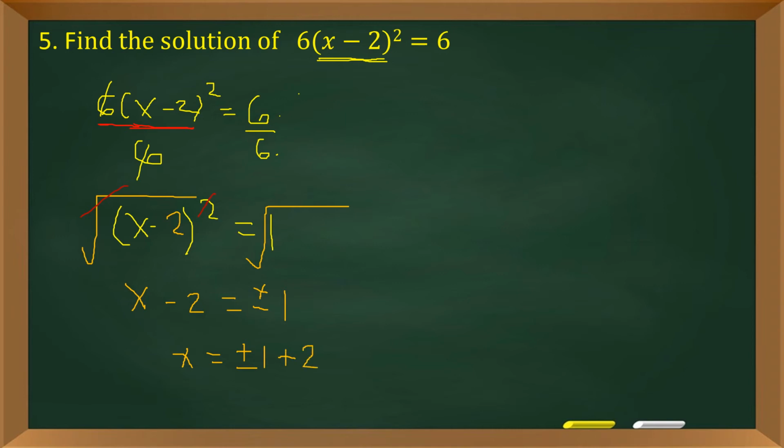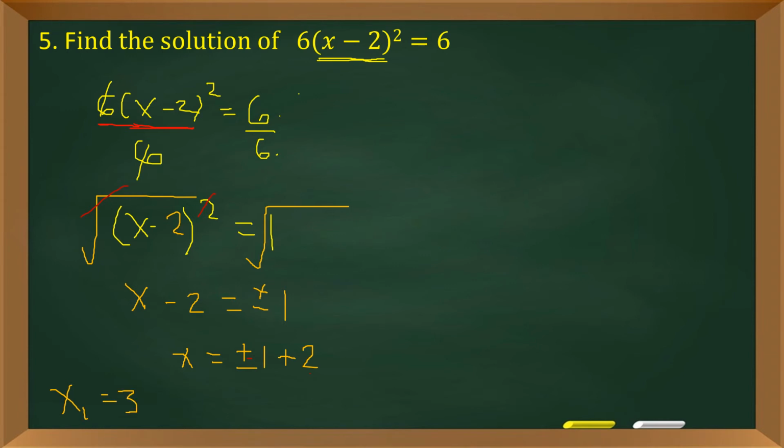Lipat sa right side. Now, if we are going to use the plus 1, so positive 1 plus 2, that is 3. So we have first value of x, which is positive 3.